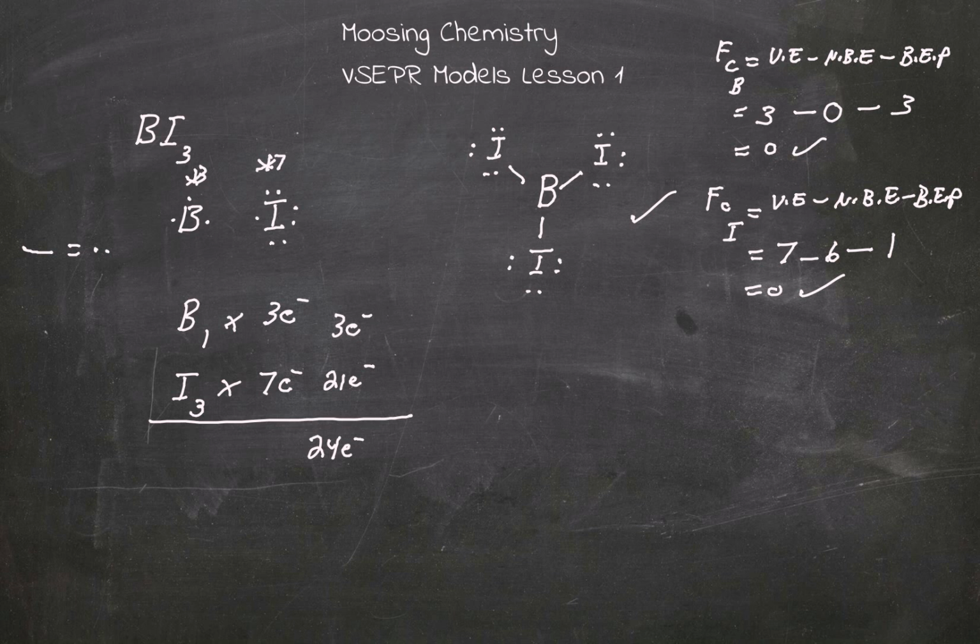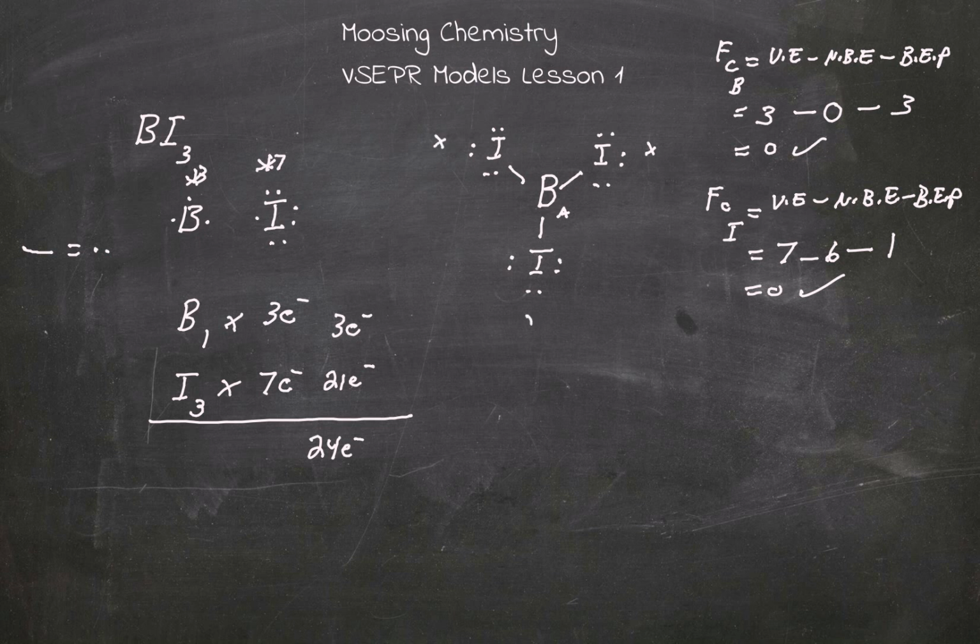However, let's make sure that we know what the VSEPR shape is. To find that out, we're going to erase this check mark here real quickly. Again, I wish I had a bigger eraser. Maybe they'll do that in an update one of these days. So let's count the central atom as A, and then each of these I's as X's.